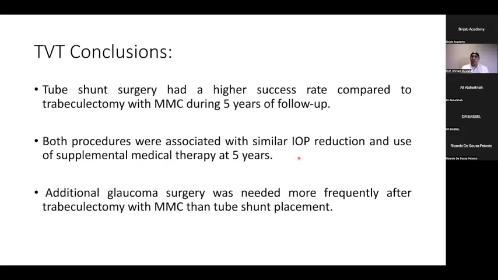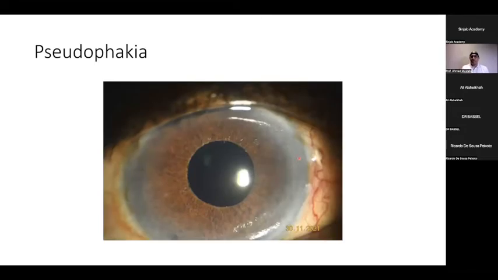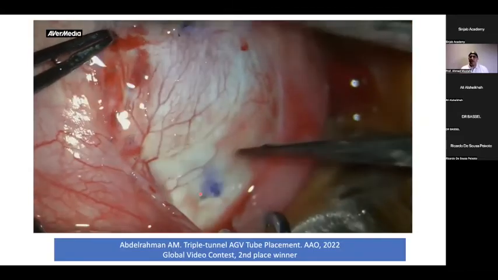The conclusion of this study is that patients who are pseudophakic usually respond better to glaucoma drainage devices. Again, there is nothing that's black or white, but this was one of the landmark clinical trials which suggested the use of glaucoma drainage devices for pseudophakic cases. So this is just a revision of the technique.